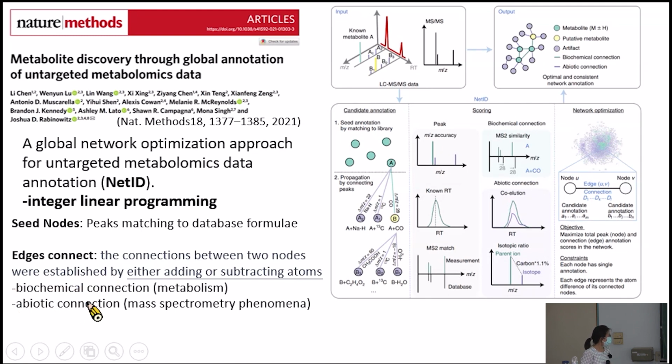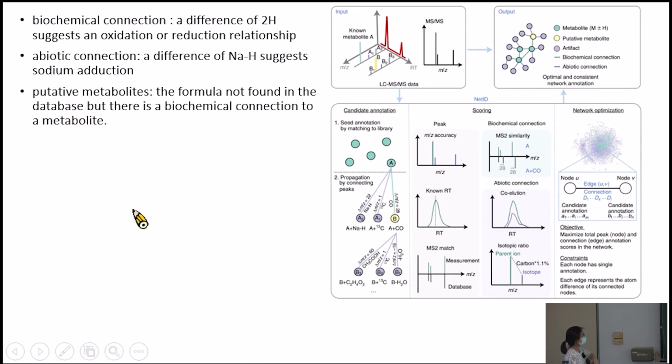And this biochemical connection is basically derived from the metabolites. So they identify the connection from the real metabolites. And this abiotic connection is derived from the mass spectrum phenomena. So it's a kind of real metabolite and a technical peak from your data set. So we can take some examples to figure out the connections.